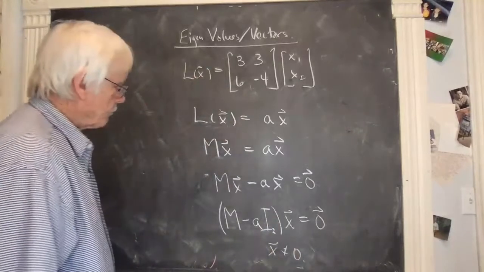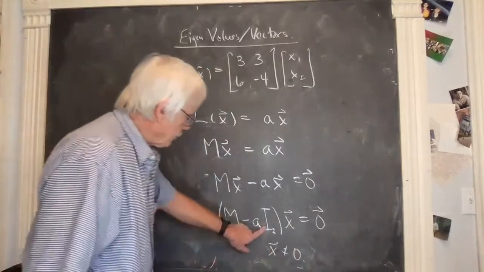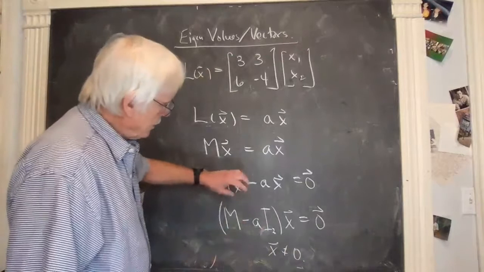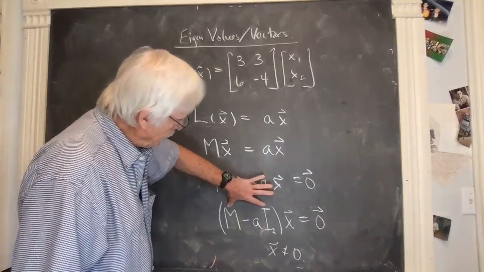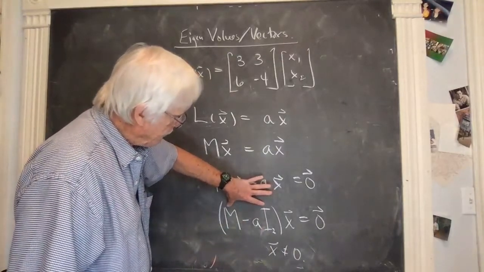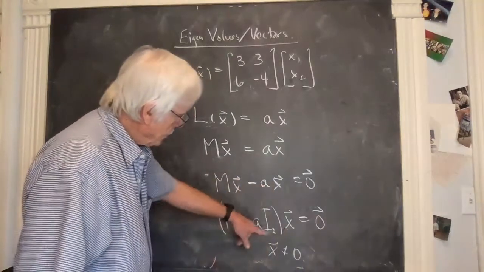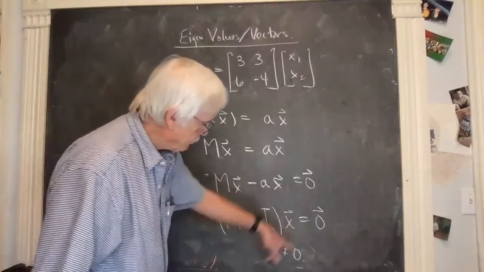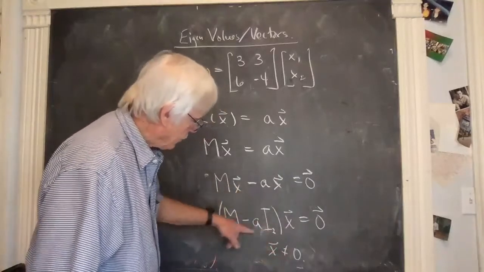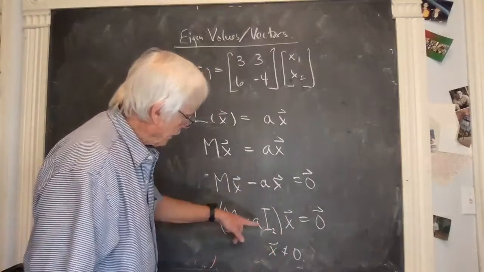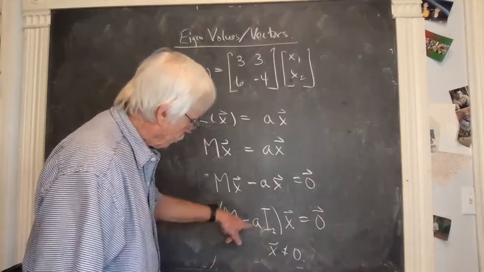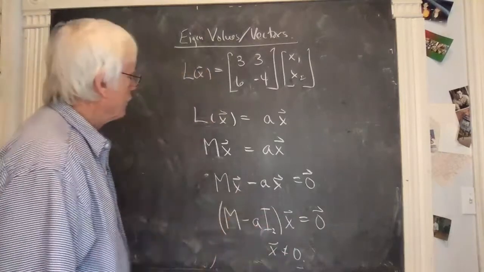All right. It doesn't look much different, but this tells you something. Not M, but this matrix in here, M minus A times I, has a non-trivial kernel. The kernel of this, there's something that maps to 0 that's not 0. So that says that this matrix has a null space, or this linear transformation has a kernel once you subtract this.